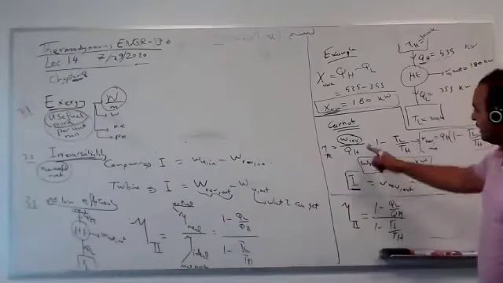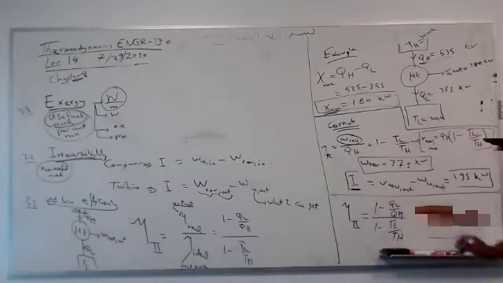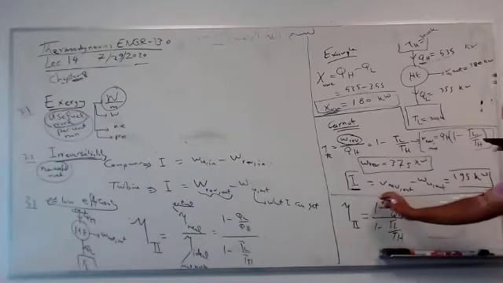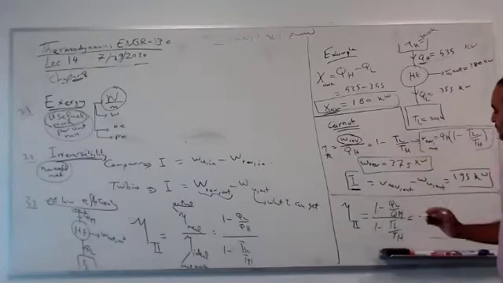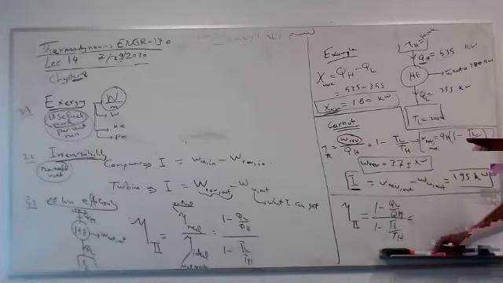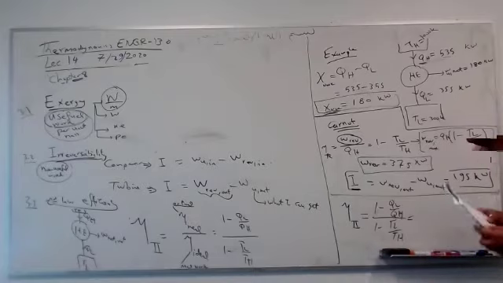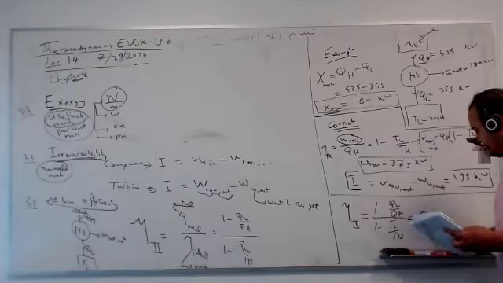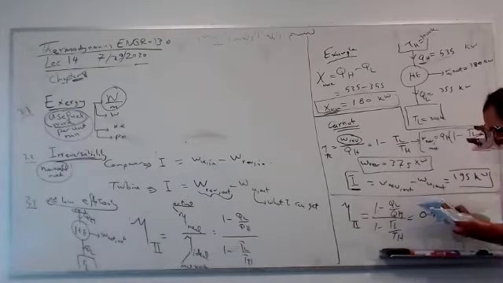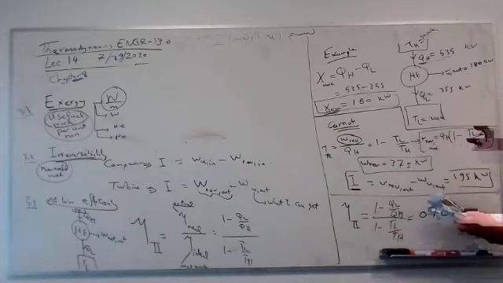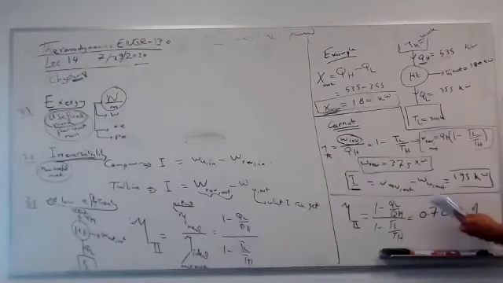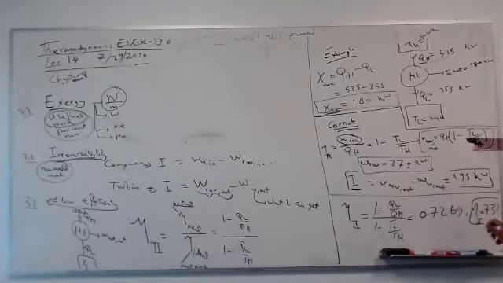Or you can use W reversible, or Q high. Which one is better, this or this? Which one gives the second law efficiency? 73% almost. Which one is better, guys? It's better to use what is given.